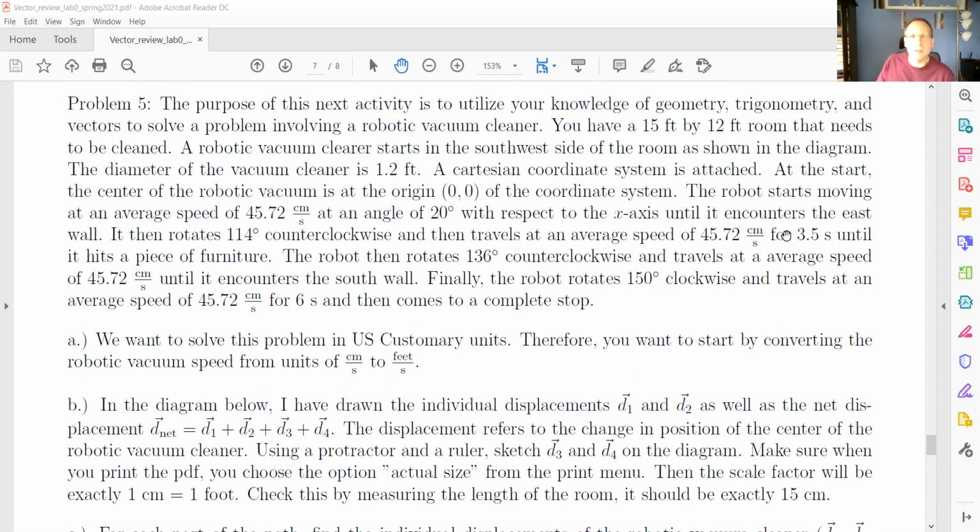Let's say it encounters the east wall. It then rotates 114 degrees counterclockwise and then travels at an average speed, it's always traveling at the same average speed of 45.72 centimeters a second, for 3.5 seconds until it hits a piece of furniture. The robot then rotates 136 degrees counterclockwise and travels at an average speed of, same thing, 45.72 centimeters a second until it encounters the south wall.